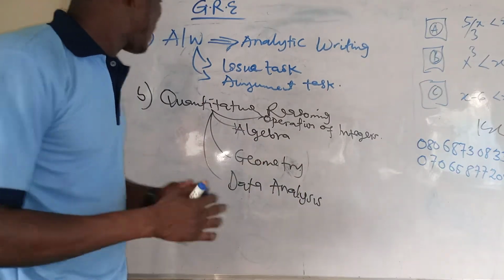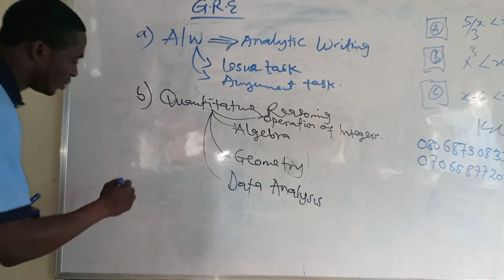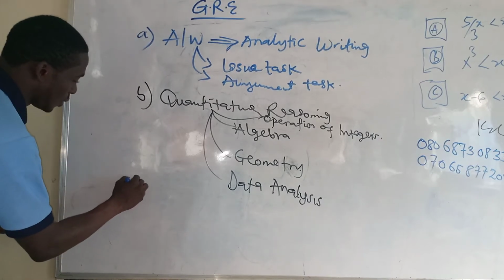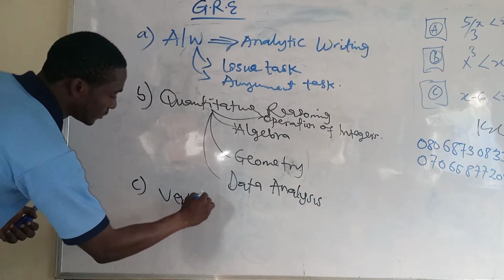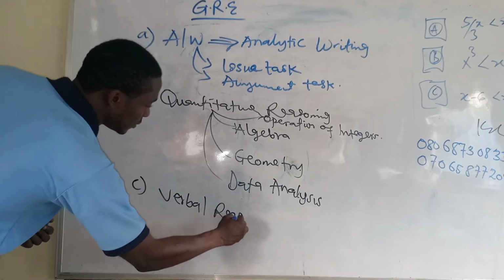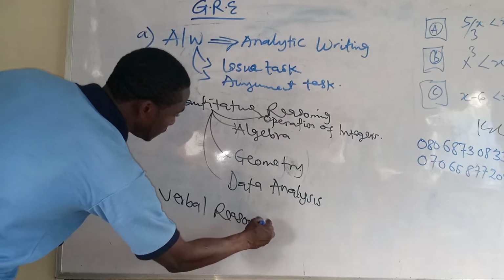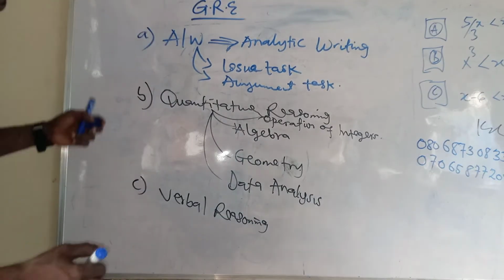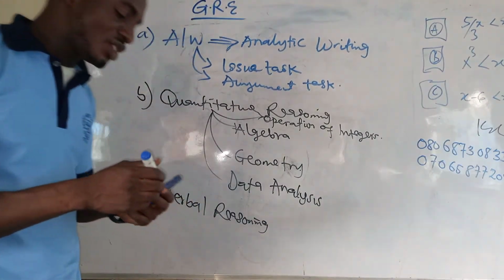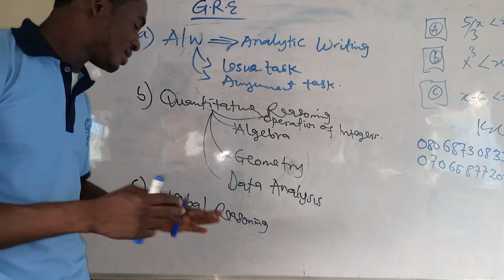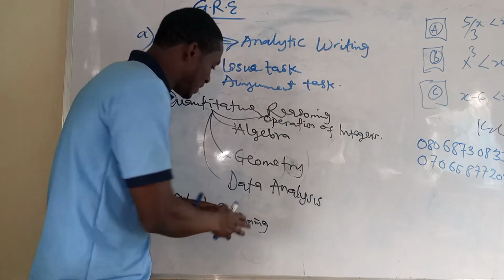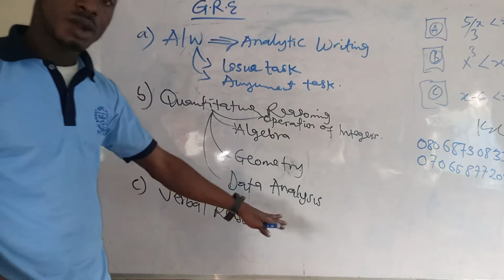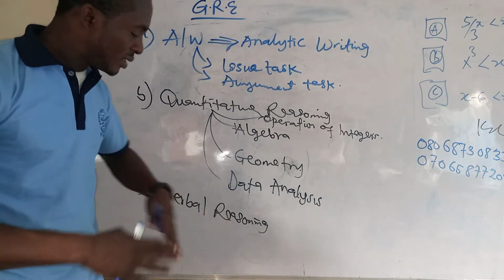So now we have been talking about the third part of the GRE, which is verbal reasoning. Under verbal reasoning, this is purely English language. We talk about sentences and others. Though I'm not an expert here, if I have students, I do give them a teacher to go on it under this aspect. So it's not much.